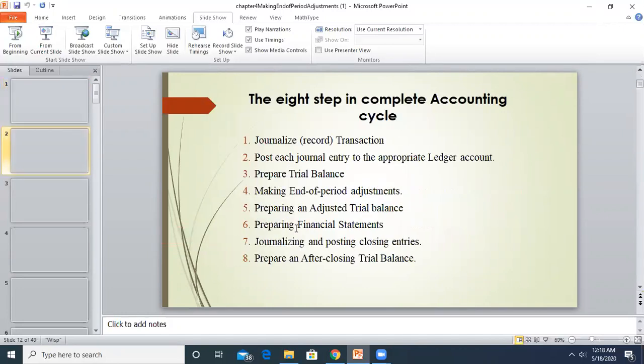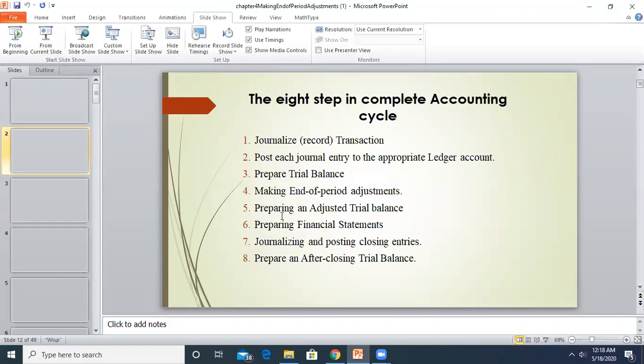So, just to recall, what were the 8 steps in the complete accounting cycle? First of all, you have to journalize the transaction. You have to record each and every transaction in the journal and post each journal entry to the appropriate ledger account. Then the third step is to prepare the trial balance. And the fourth step is making end of period adjustments.